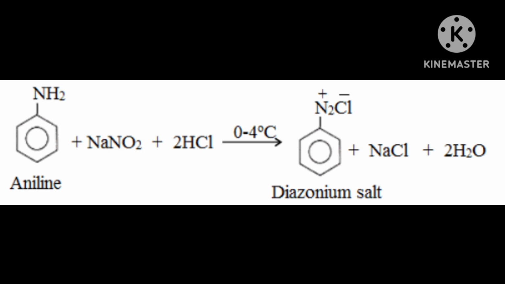Then you will get ArF and N2 is free. What is remaining is BF3, boron trifluoride. Okay. Then ArN2Cl plus HBF4, you will first get an unstable product, ArN2BF4, and on heating you will get ArF plus BF3 plus N2.